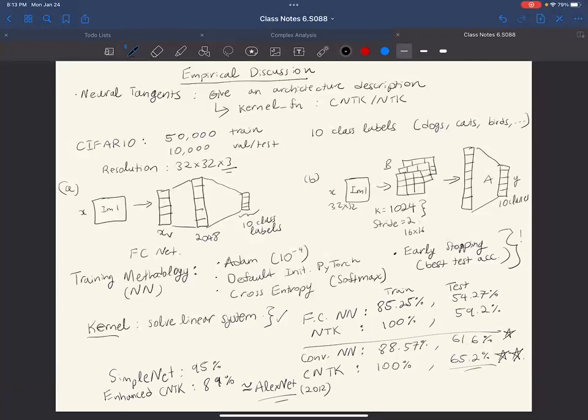But the important thing is that when you don't have this image classification problem, I have never really seen concrete examples, and I'm sure many may have come out by the time I release this video, of fully connected networks that outperform their corresponding neural tangent kernel. And especially the neural tangent kernel for this case is extremely easy to compute. Remember, it's just this recursive formula for any depth.